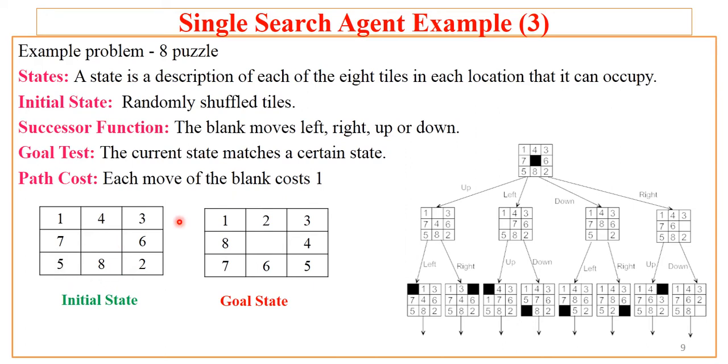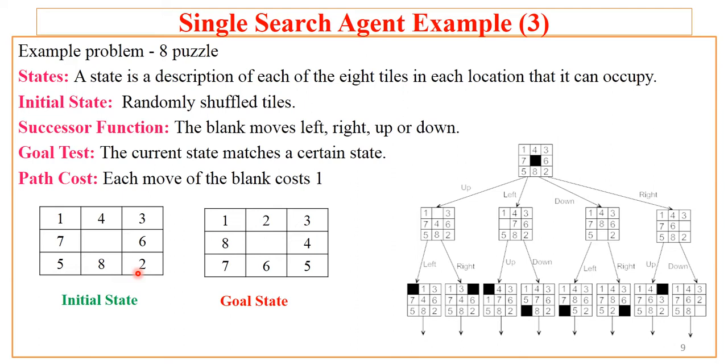Now in this board you'll find certain numbers, so these are 8 numbers. The board is of what size? It is a 3 cross 3 board, wherein we have 9 tiles and 8 tiles are numbered.